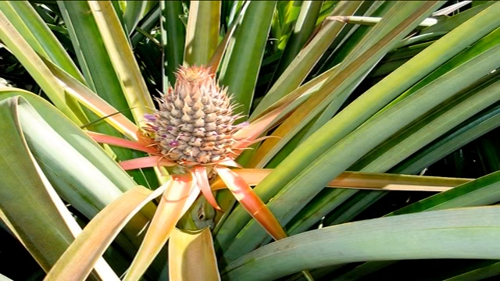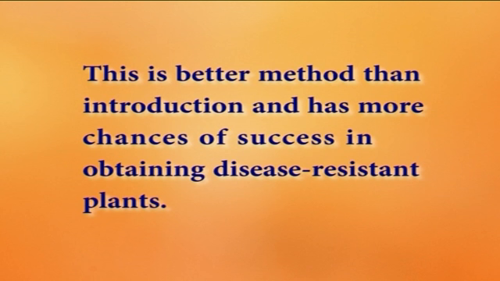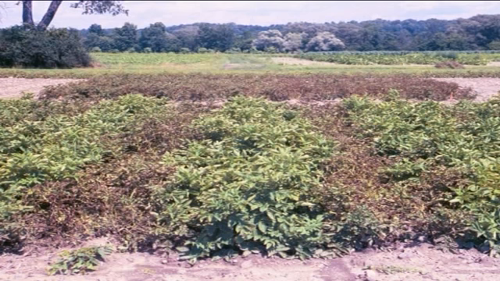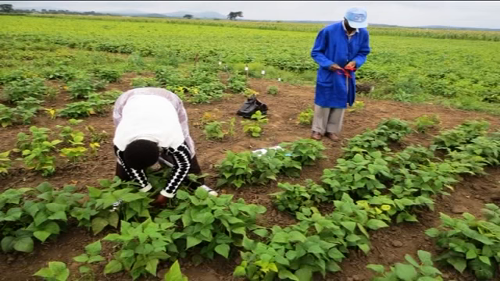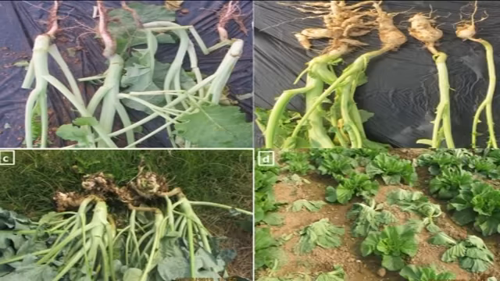Next is selection. This is a better method than introduction and has more chances of success in obtaining disease resistant plants. The work of selection is carried out either in the naturally infected fields under the field conditions or artificially inoculated conditions. The resistance in such individuals will occur in nature by mutations.